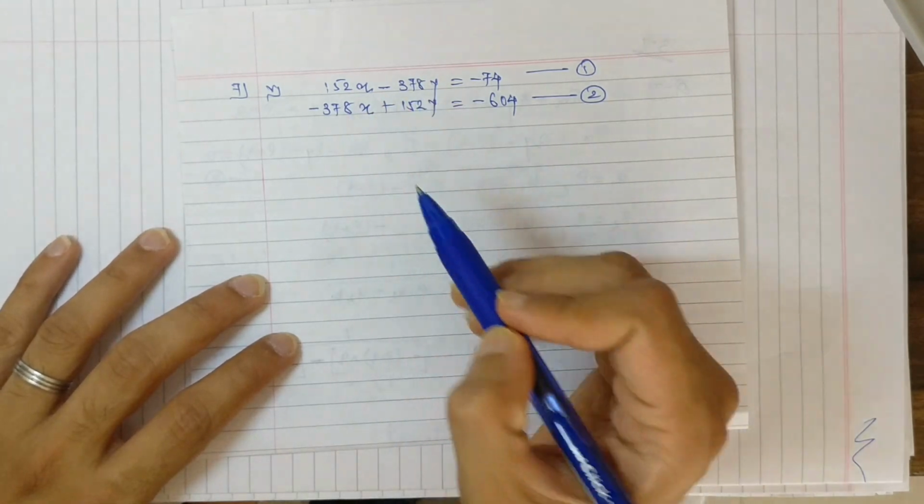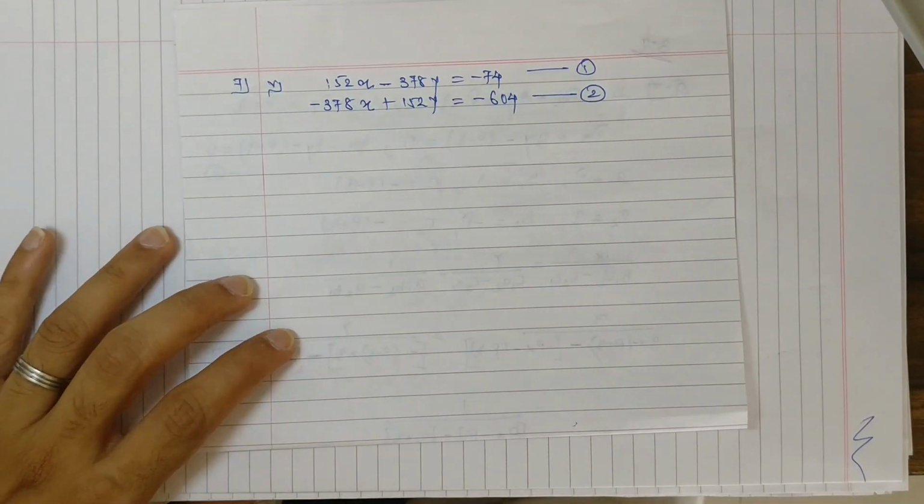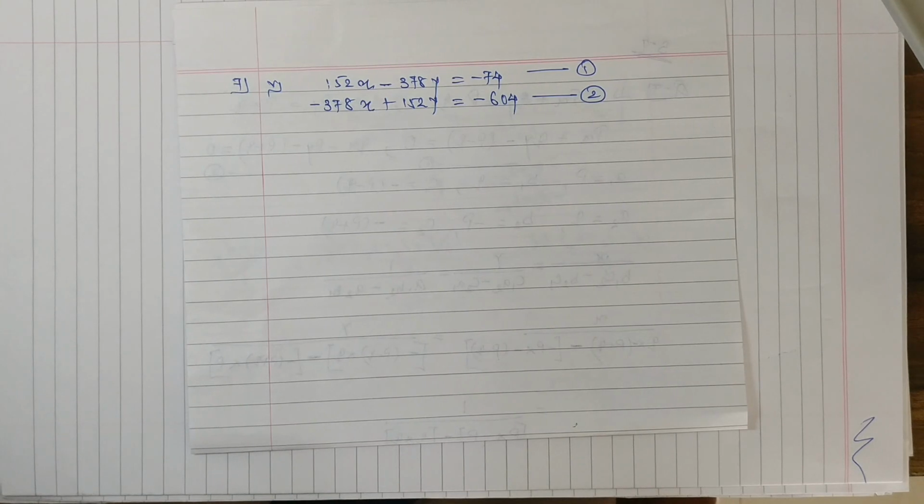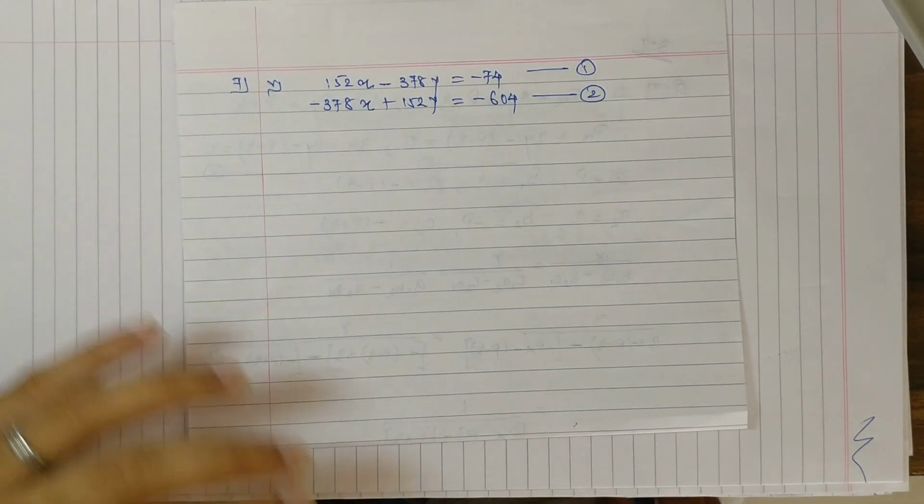So the pattern says that the coefficients of x and y in both the equations are the same but interchanged. Whenever you see such interchanged coefficients, you should first add both the equations and then subtract both the equations and see what happens.